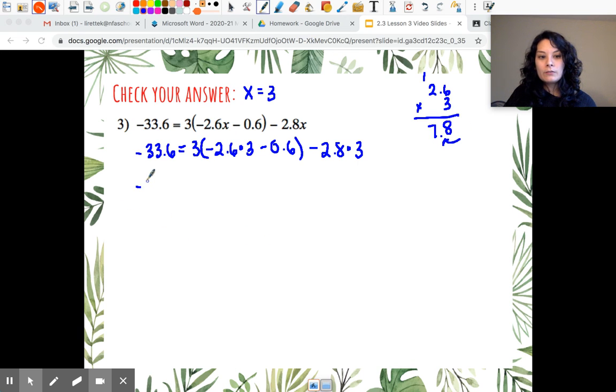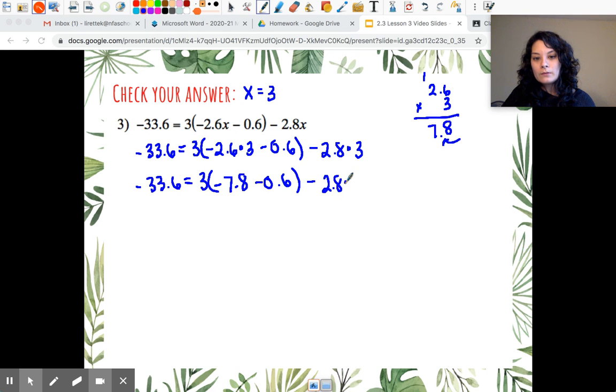So this is going to give me negative 7.8 since their signs were different. And then I bring down my minus 0.6. Oops, not equals. We just want it to read minus 2.8 times 3. Okay, so my signs are the same here.